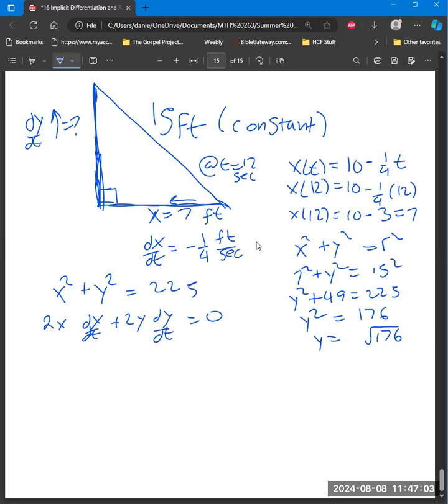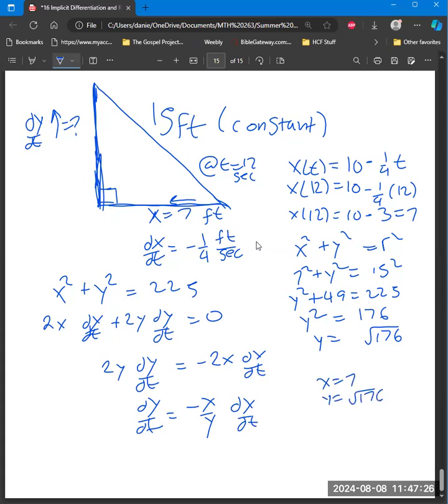Solve for dy/dt, so 2y dy/dt equals negative 2x dx/dt, and dy/dt is equal to negative x over y times dx/dt. So again, recall here, x is going to be 7, y is going to be root 176, and dx/dt is going to be negative 1/4 foot per second.